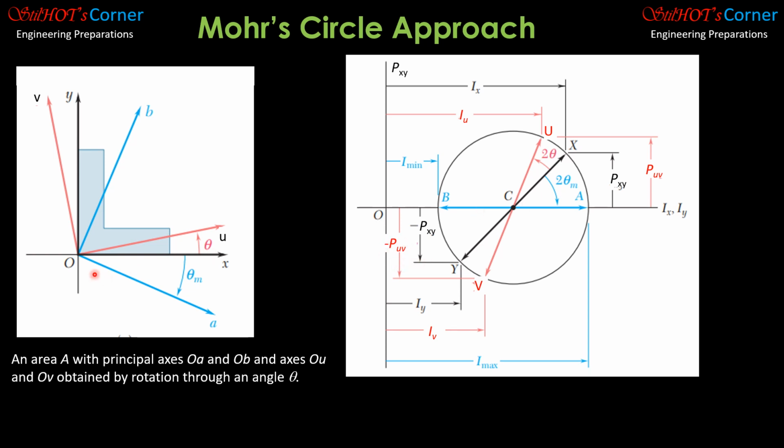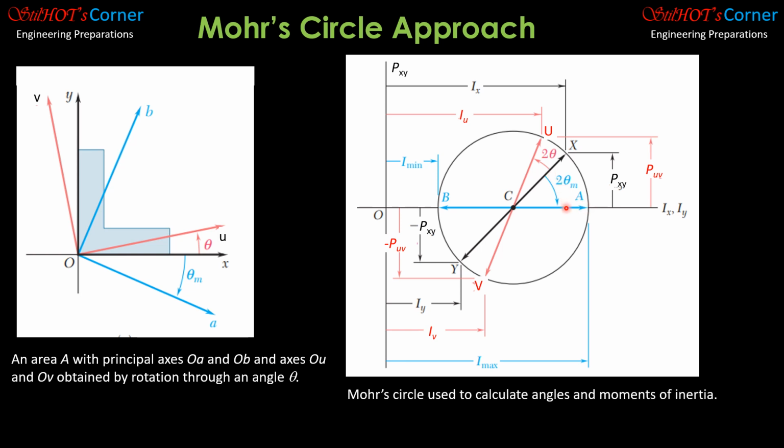So if the axis OA is clockwise from the x-axis with angle theta m, then in the Mohr circle, from the x-axis, we also rotate clockwise, and it is now this horizontal diameter where the principal axis can be found.